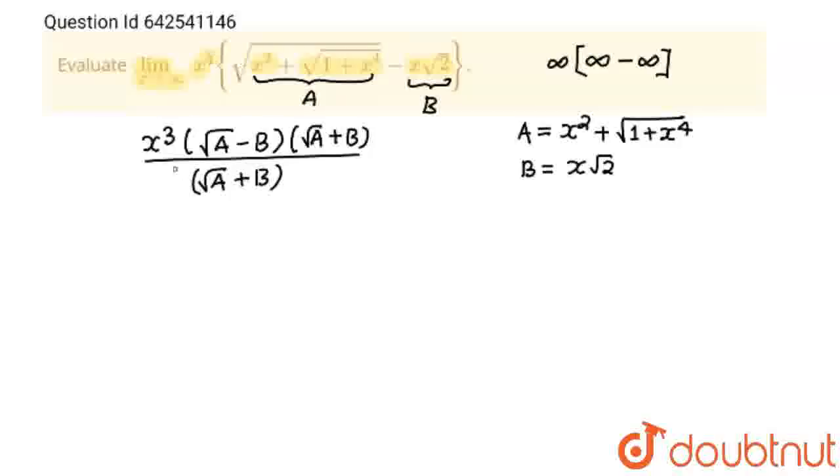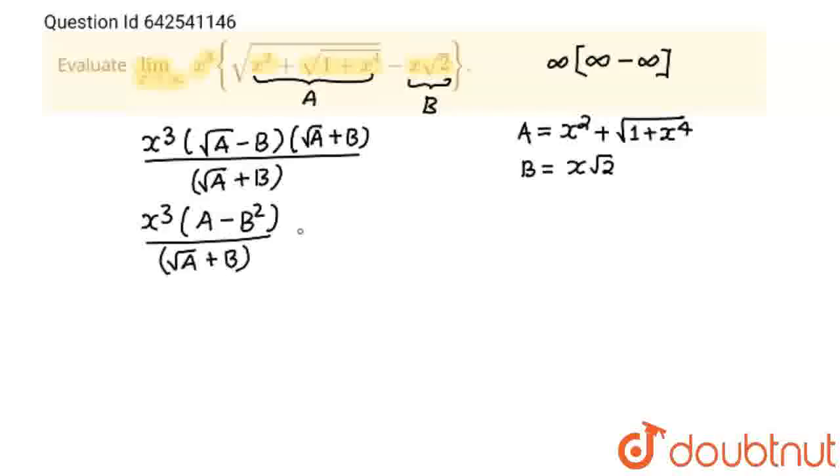I'm just changing this expression, so I'm not going to put the limit over here. So always remember. Here I'm going to multiply square root a minus b into square root a plus b, which is a minus b square, upon square root a plus b.